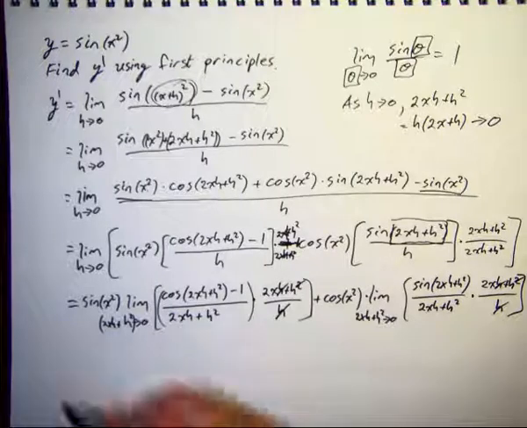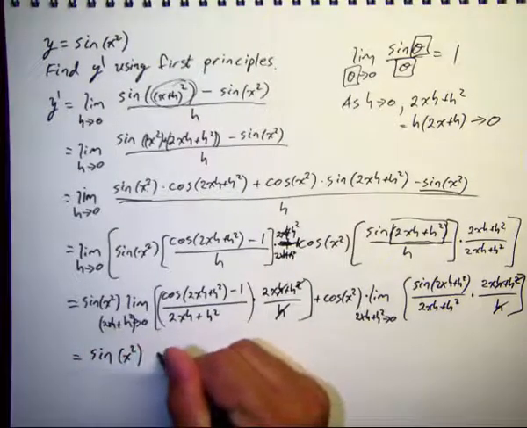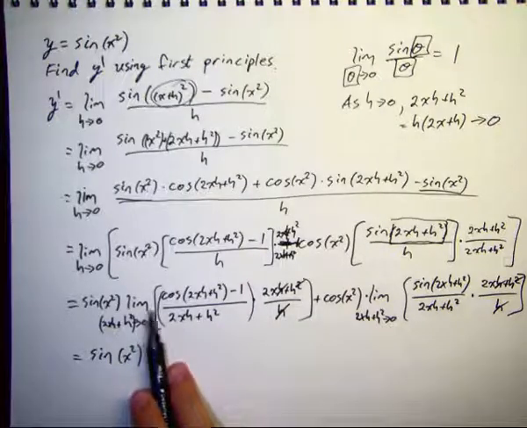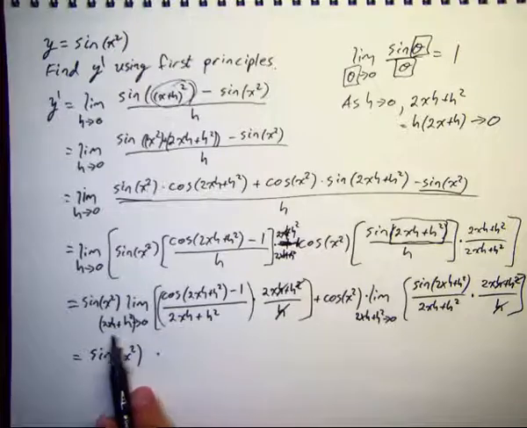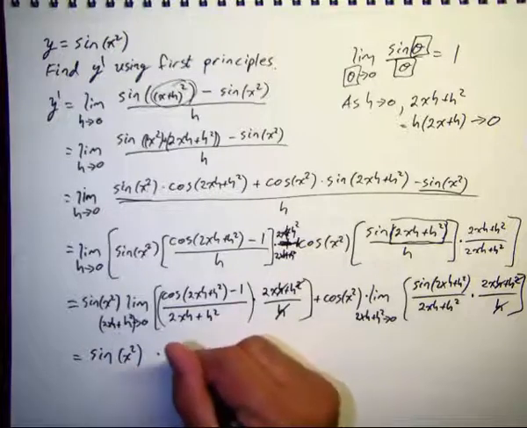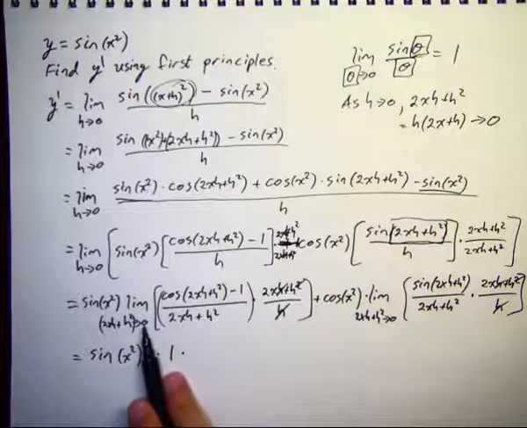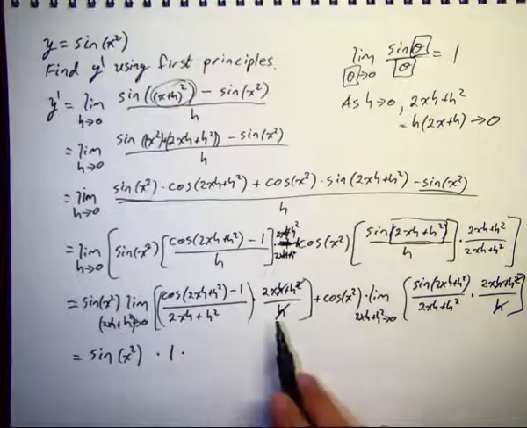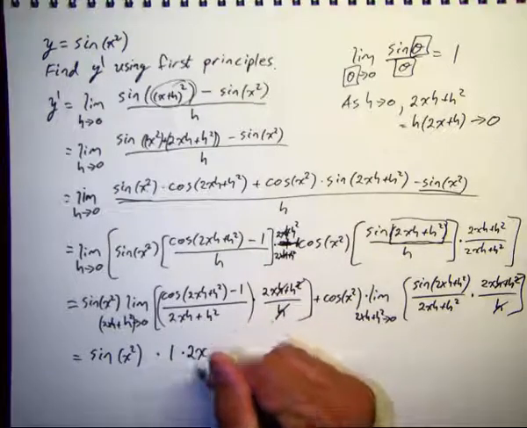And we have sine of x squared times the limit of cos theta minus 1 over theta as theta goes to 0, which is 0. As h goes to 0, this over here goes to just 2x.